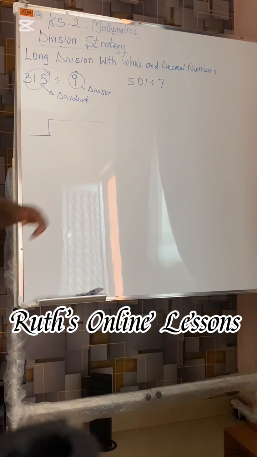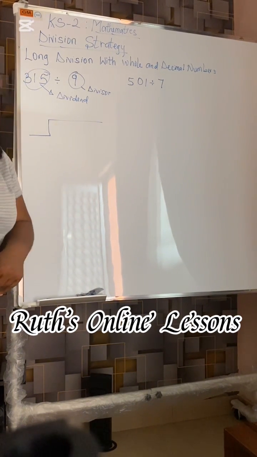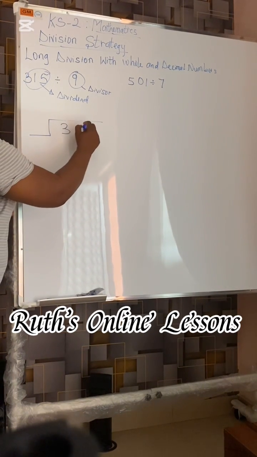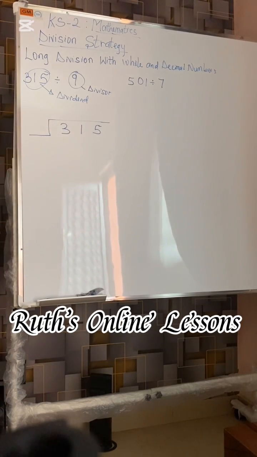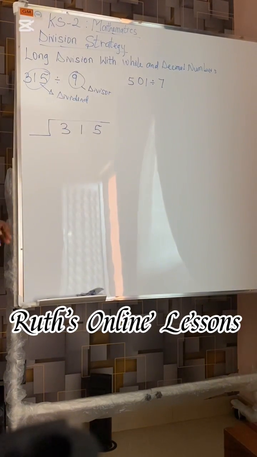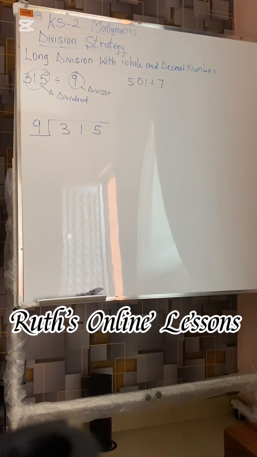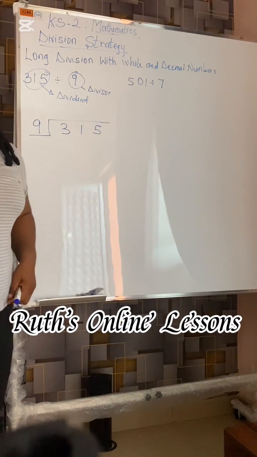Your dividend, the number you want to share, is 315, and it stays inside. The number that you want to use to share this, your divisor, is 9, and it stays out. Most of us don't even know which one will stay in and which one will stay out. Most times we are confused. You know why I'm saying this?